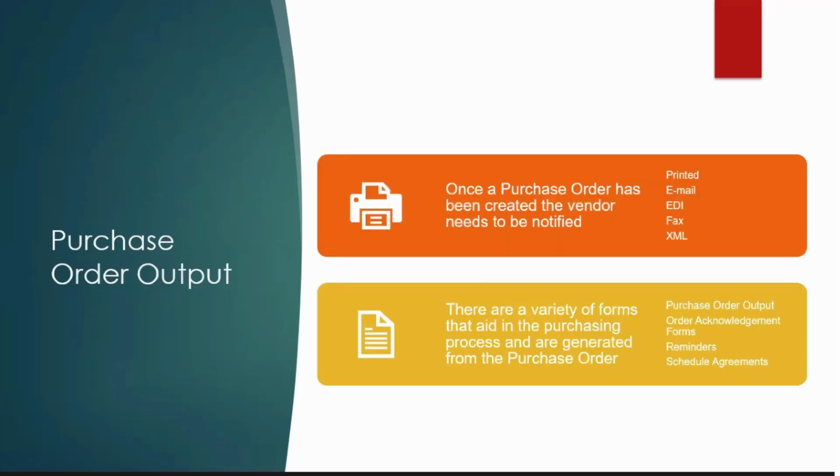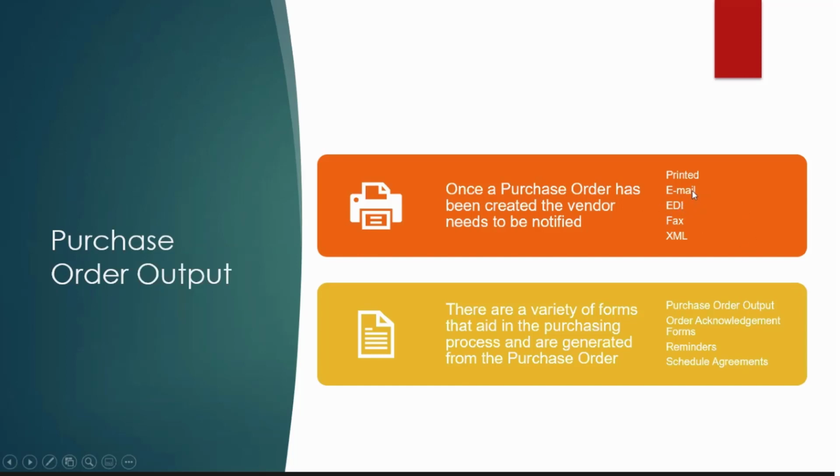Okay. So what is the output of the purchase order? Of course, a purchase order is an electronic document that you have to save in your database. But also you can have an output. You can print it and send it to the vendor. You can email it. You can use a format they call EDI, a banking format.